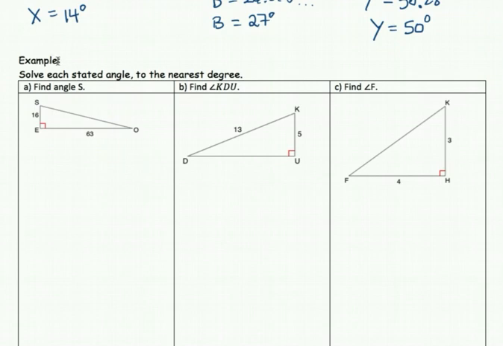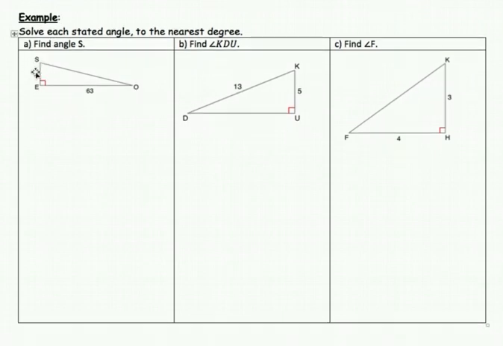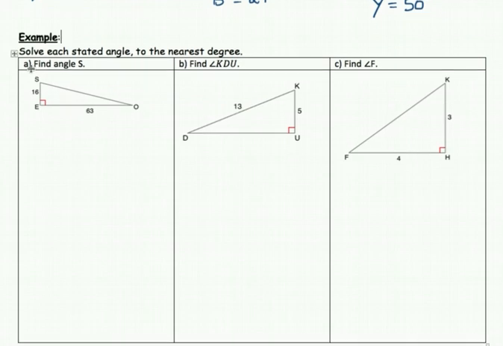Now, if I give you a picture, can you go through and do the same thing? Can you build the equation that you need and find the missing angle? In these questions, I specify what angle to find.